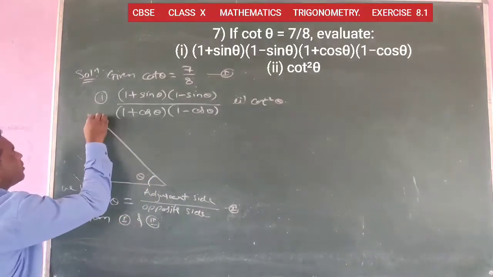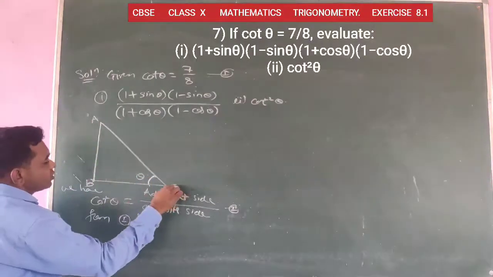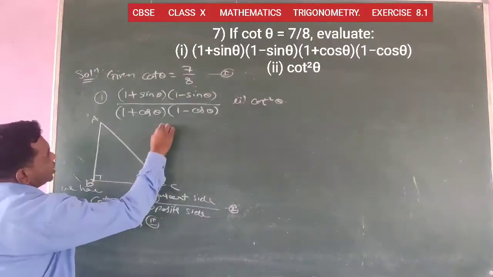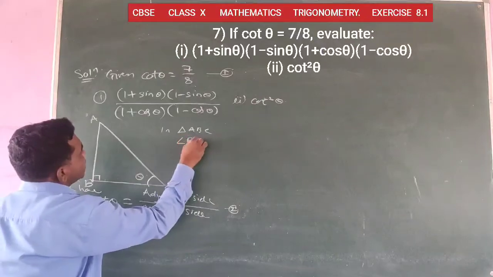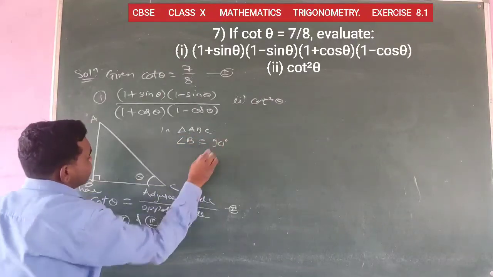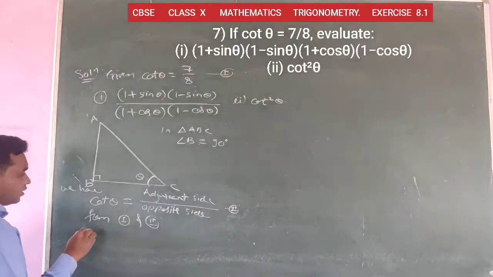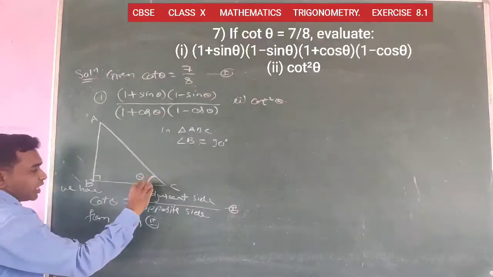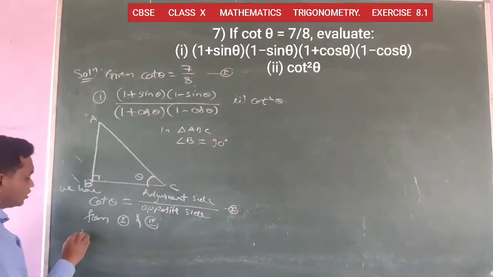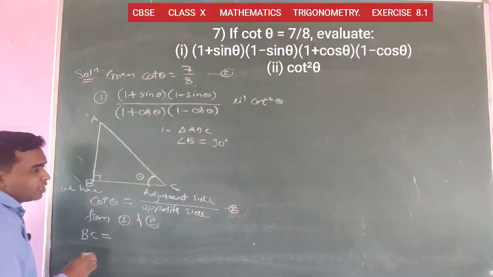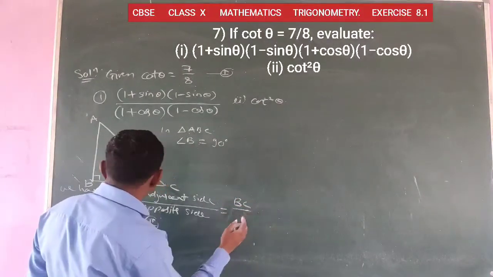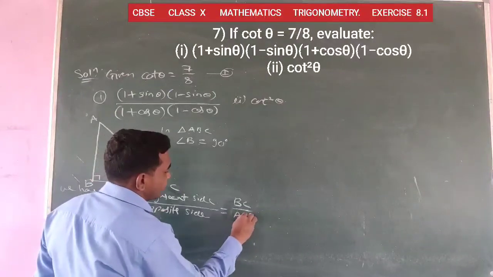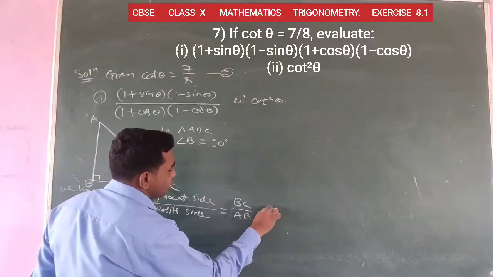If we give the naming as A, B, C, angle B is equal to 90 degrees, means in triangle ABC, angle B is equal to 90 degrees. So the adjacent side according to the position of this angle theta is BC. So BC upon AB is given as equation number 2.